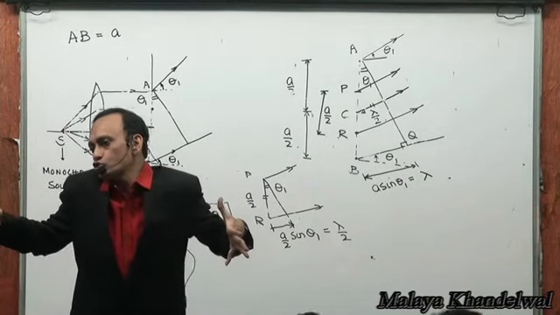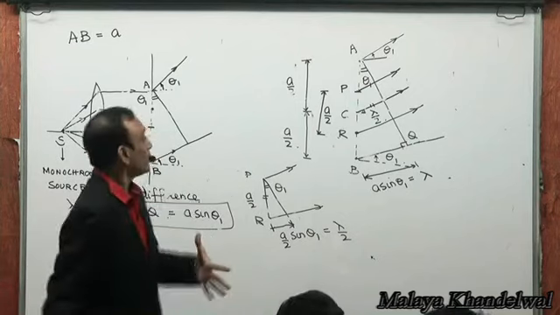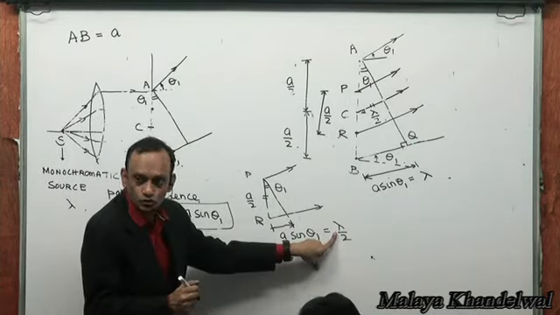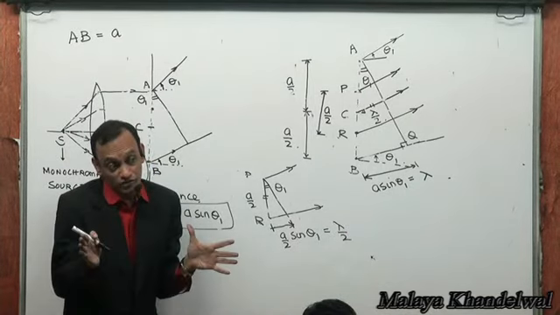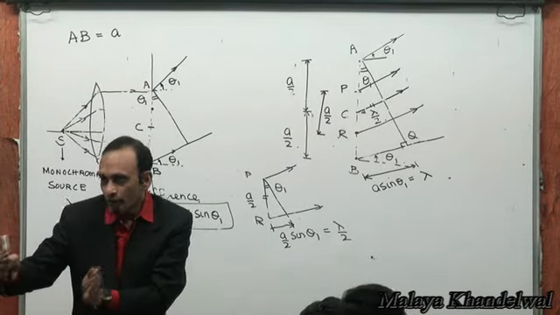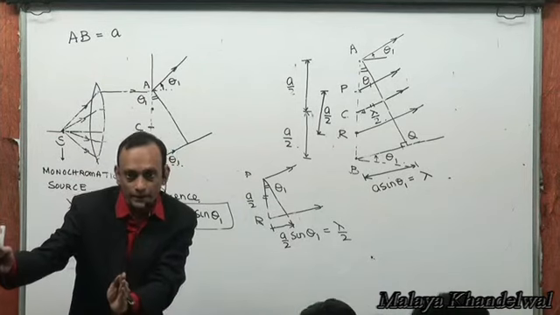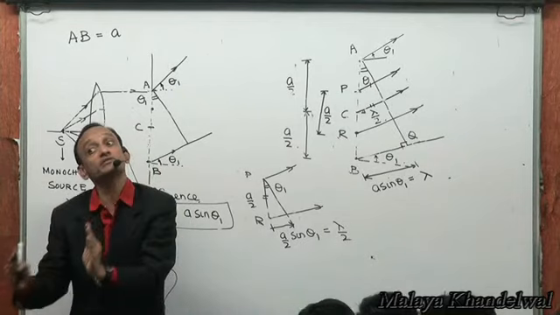Because lambda corresponds to 2 pi, so lambda by 2 will correspond to pi. That means P and R have a path difference lambda by 2, so I have a phase difference pi, because a path difference lambda corresponds to a phase difference 2 pi. So a path difference lambda by 2 corresponds to a phase difference pi.